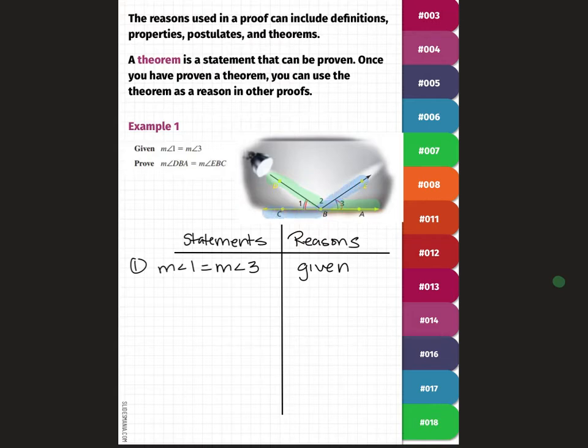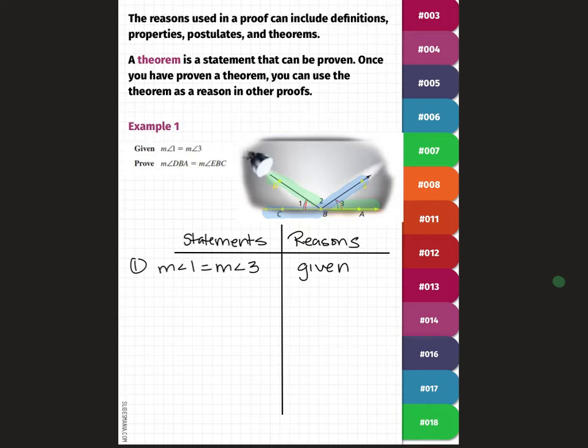And what we can see is that they both include angle number 2. So some kind of way we need to include angle number 2. So here's where your logic and your thinking has to come in about what you can do with that angle.